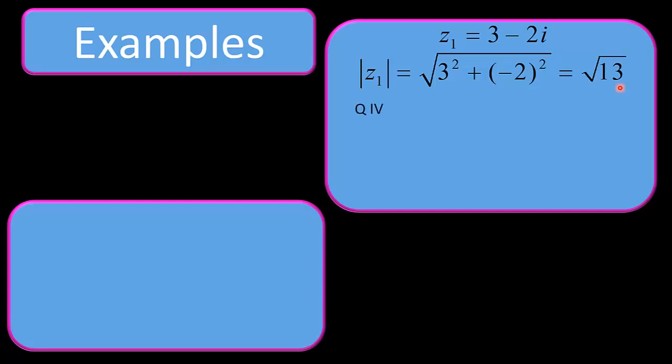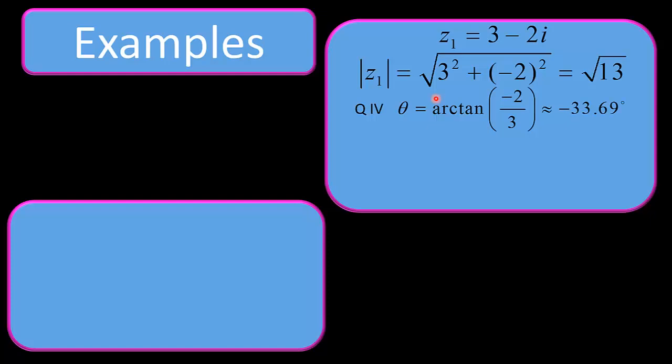Now, this complex number, if we plot it, is going to be in quadrant 4. Because notice, we go over 3 in the positive direction, then down 2. So this is definitely in quadrant 4.